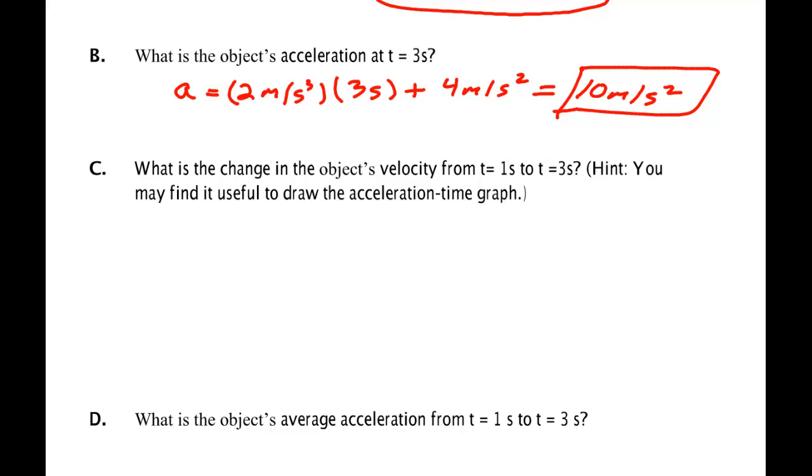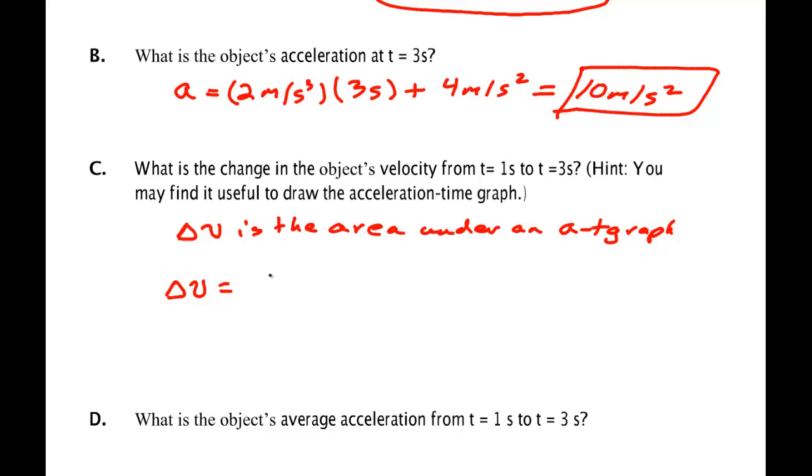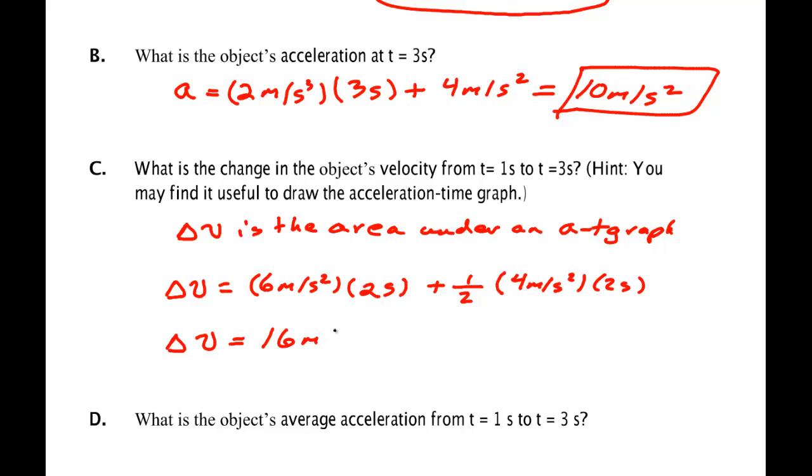Delta V is the area under an a-t graph. So delta V is the rectangle. The rectangle's height is 6 meters per second squared, and its width is 2 seconds, plus a triangle which is 1/2 times a height of 4 meters per second squared and a width of 2 seconds. I put that in, and I get 16 meters per second.